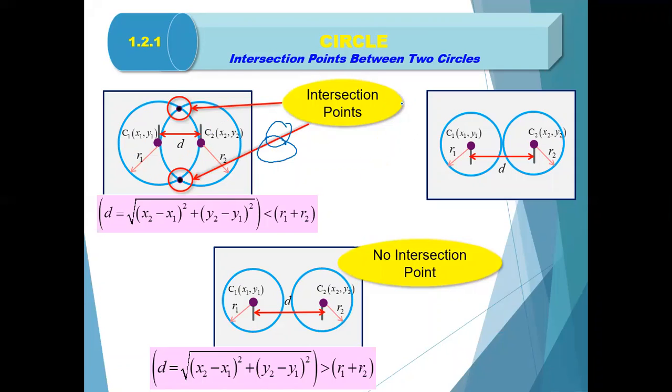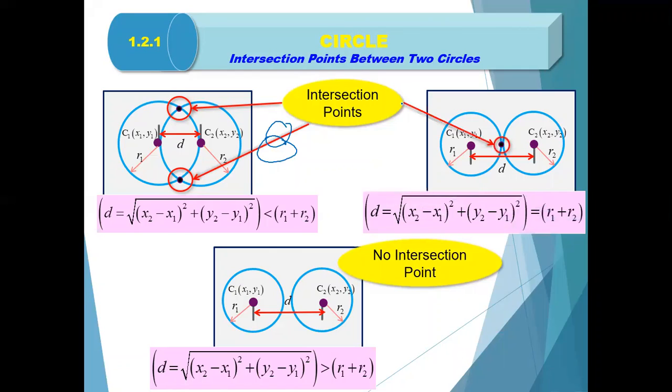And then we also have the case with only one intersection point, here. Only one, or its position is vertical like this. It looks like the number 8. So the distance is equal to R1 plus R2. The same, right? Yes, the distance.